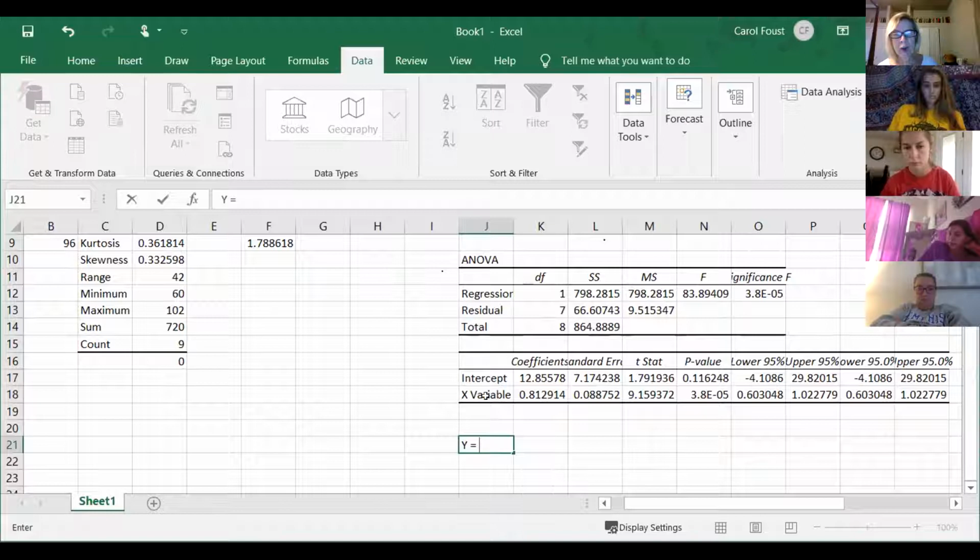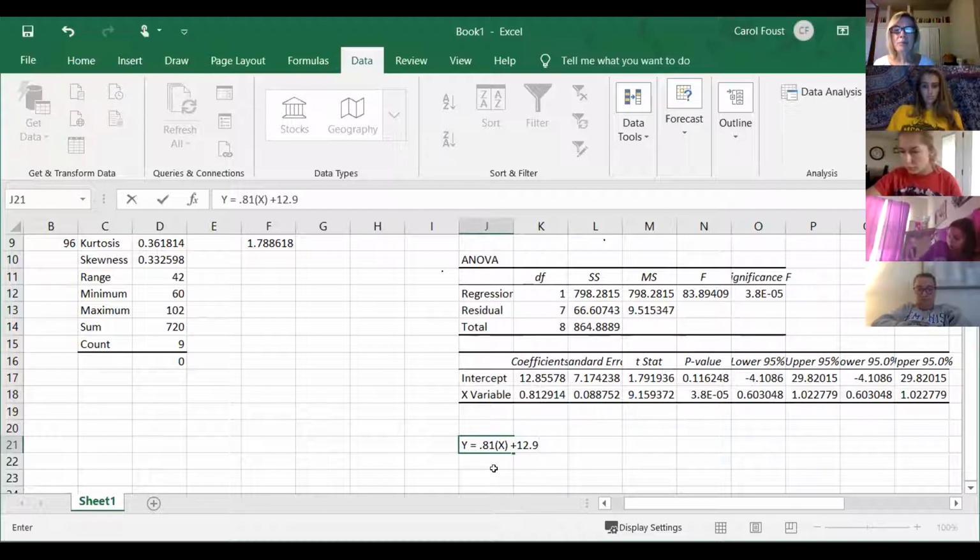Remember, the slope goes with the x variable. So 0.81 times their midterm score, whatever they got on the midterm, plus the intercept, which is 12.86. Let's just say 12.9. So this would be my regression equation.